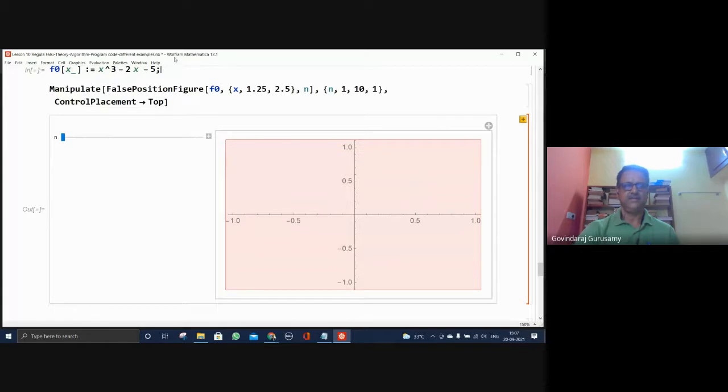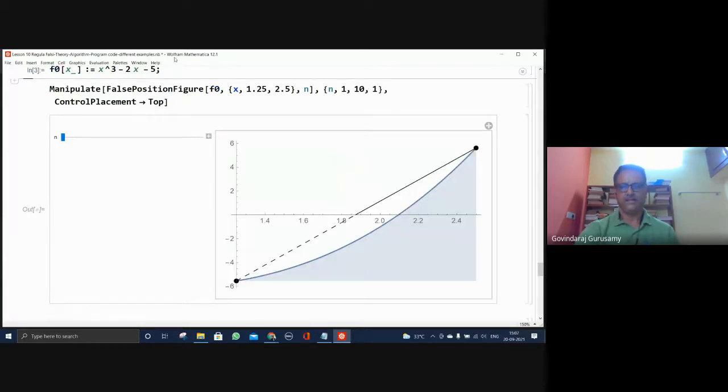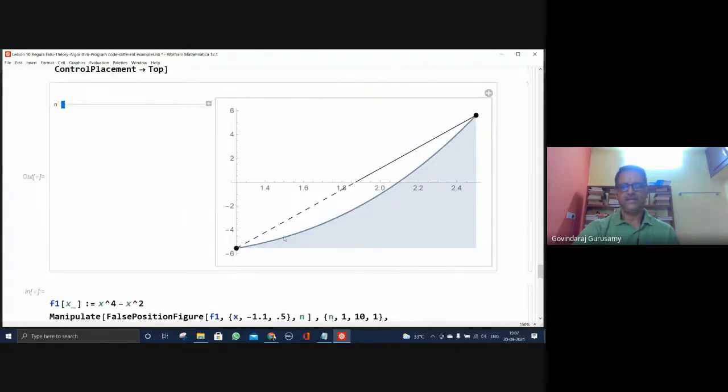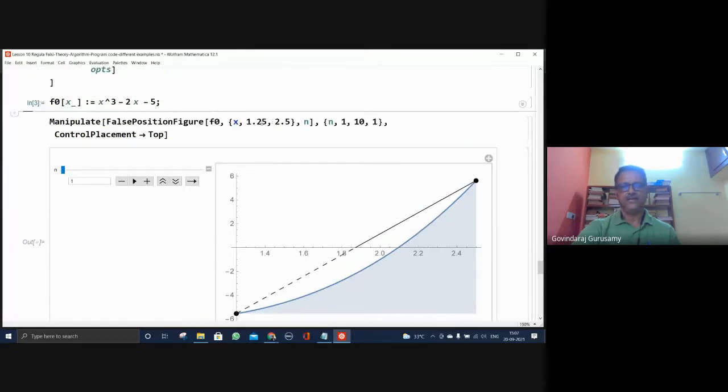The same equation. This is the chord which starts with 3. Same thing. Okay, I think here I had given 1.2 and 2.5. You can see this will start moving towards the root when you increase the iteration. Starting is 1.25 to 2.5. This is the root.